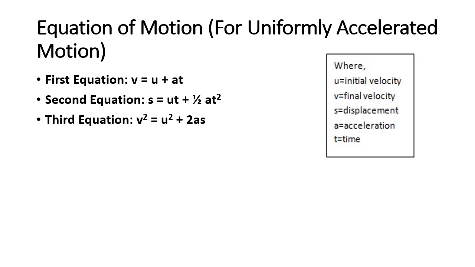Now let's see what is U. U is nothing but initial velocity and V is final velocity, S is displacement, A acceleration, T time taken. We know what is initial velocity, final velocity, displacement, acceleration. Everything we discussed in previous video. Let's see how to derive these equations by using graphical method.